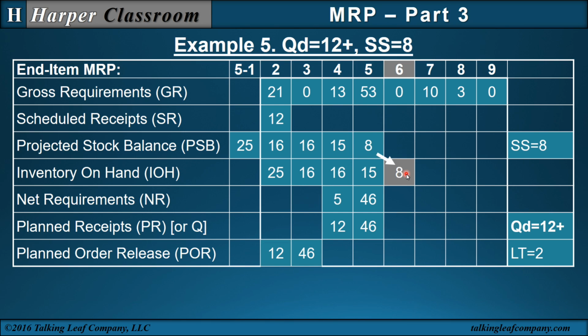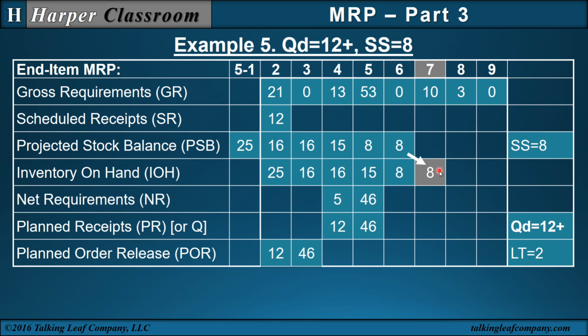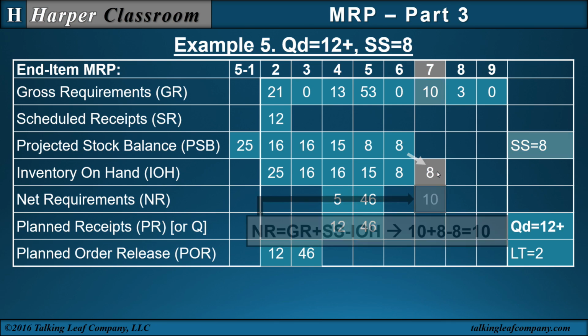That 8 carries over, but this time we have no requirements, and so the 8 carries over and our safety stock is satisfied, so no problem. When this 8 carries over as the inventory on hand, well, now we have a requirement of 10, a safety stock of 8, minus inventory on hand of 8, which generates a net requirement of 10.